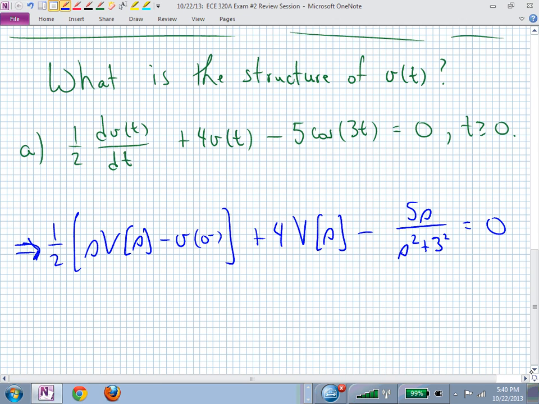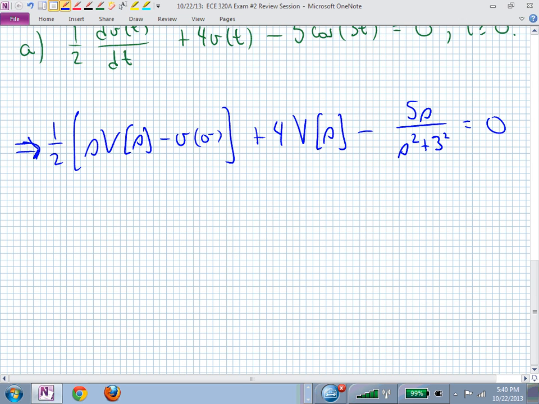That's the first step in this process of finding the structure. I'm going to go ahead and keep the initial condition in there and show you why it really doesn't matter if you're just interested in the structure.